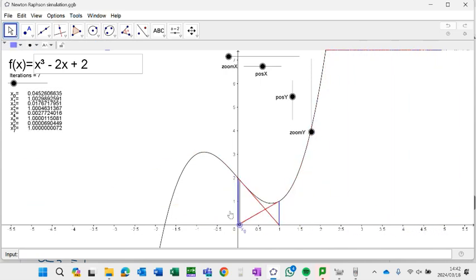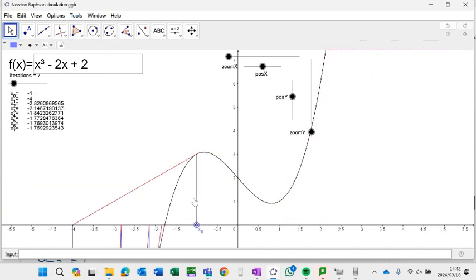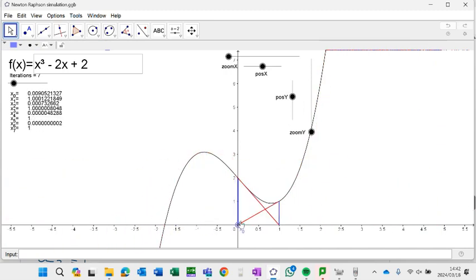Over here there is an x-intercept, and I can find it. But if you happen to start at 1, the tangent at 1 hits the x-axis at 0, and the tangent at 0 hits the x-axis at 1. So it just cycles. It goes into an infinite loop, and it never converges to a solution.